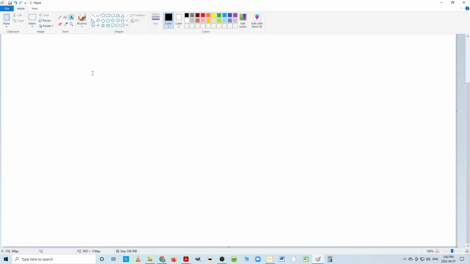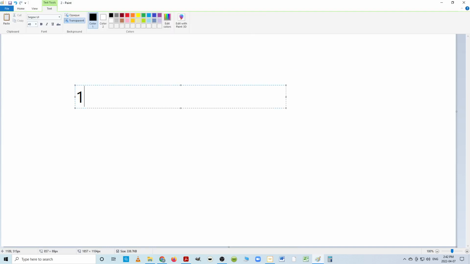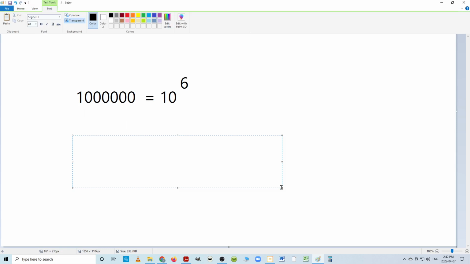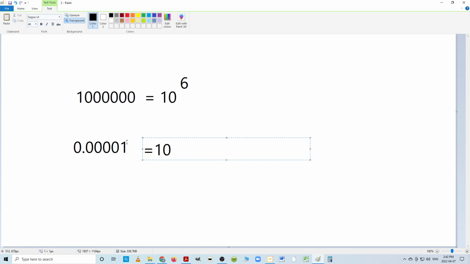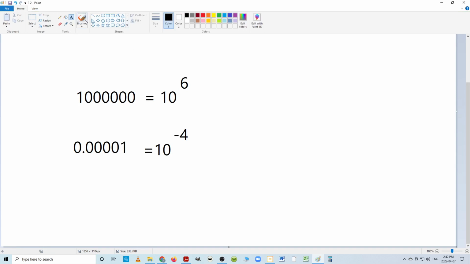So the easiest thing to know this is how many zeros in that? There's 6 zeros. So that's 10 to the power of 6. In this one, how many zeros after the decimal? There are 4 zeros. So that's 10 to the negative 4. And so the idea is a negative exponent if you're starting with 10 to the negative 4, right?